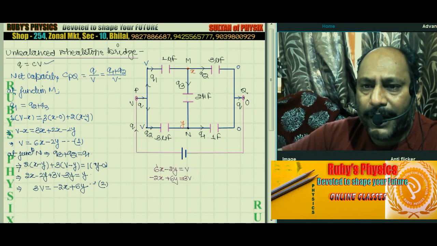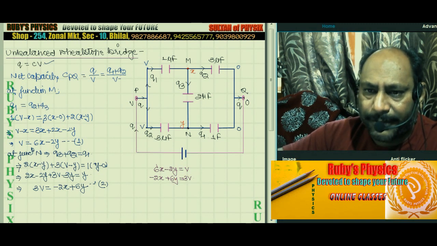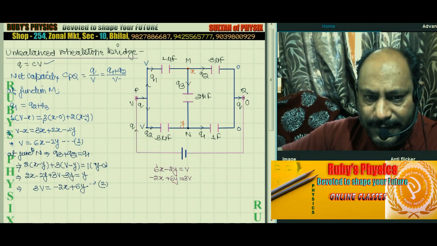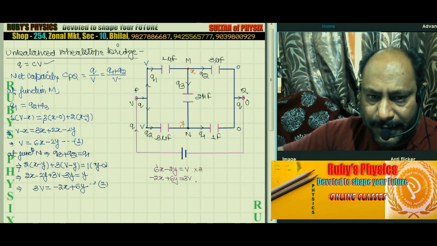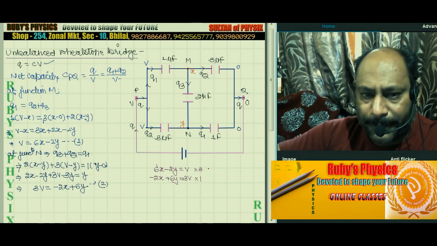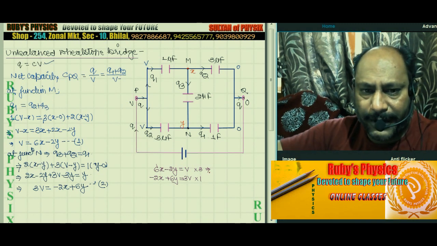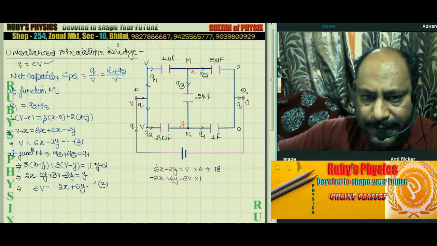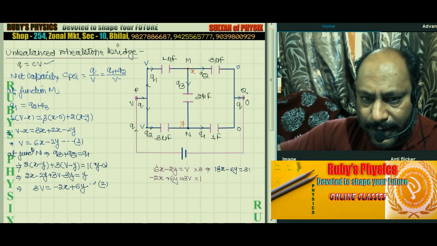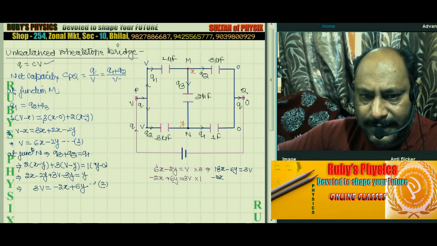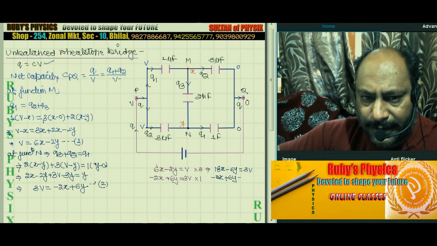Let me equate the coefficients of y, because we are going to calculate the value of x. So if I multiply the first equation by 3 and the second by 1, the two equations will be written as 18x minus 6y is equal to 3v, and minus 2x plus 6y is equal to 3v.